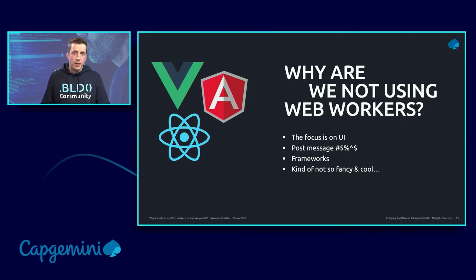The post message API is quite horrible to use because you have to send events over and over, and I will show you that later. And it's not really fancy if you can work with a super cool framework or whatsoever, because these days I think that's the most important thing for front-end developers to look at.